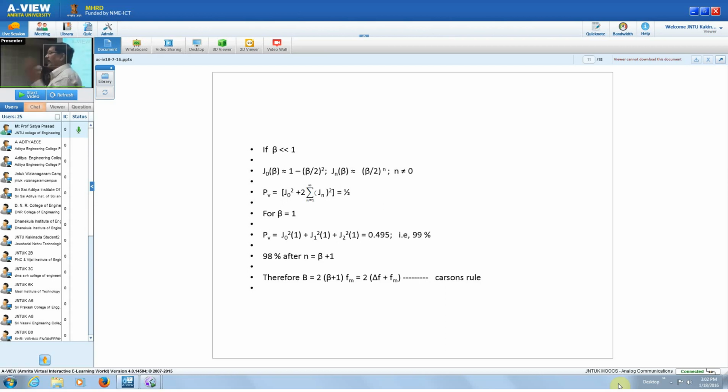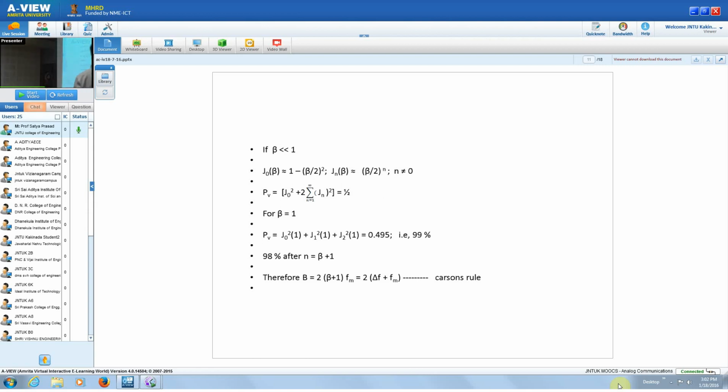So if beta equal to 5, you take 6 sidebands. If beta is 11, you take n equal to 12. You are going to get 98% of the energy. That means the bandwidth that we require is twice that of beta plus 1, or n into Fm, and n equal to beta plus 1 into Fm.